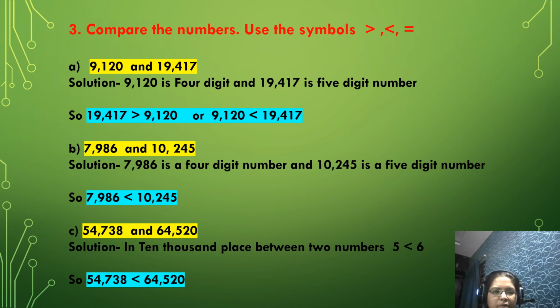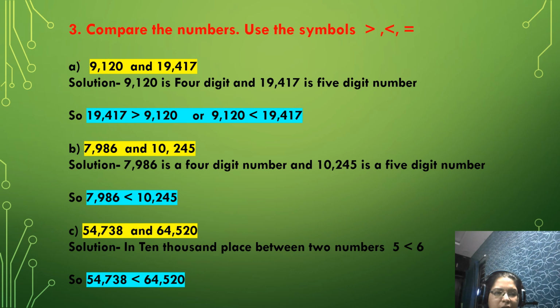We have to compare these numbers. 9,120 is a 4-digit number, and 19,417 is a 5-digit number. This is a 4-digit and this is a 5-digit.